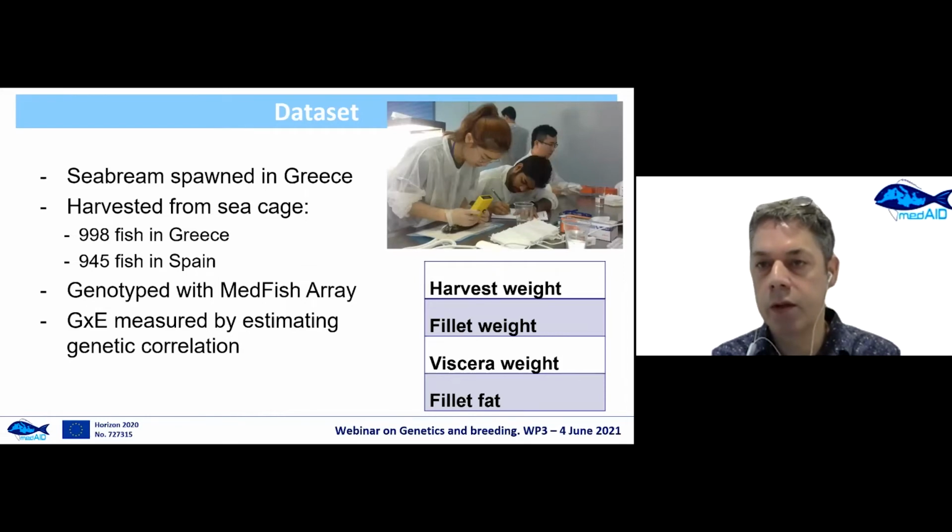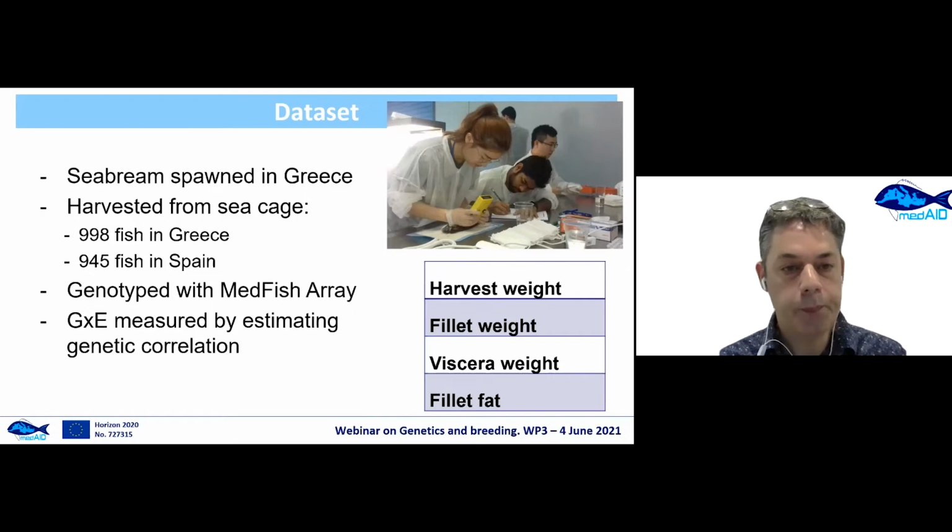You see Yun, Varun, and Xiaofai working on measuring fat percentage with the Distel equipment and taking the fin clip samples to be genotyped with the medfish array. And like we said in the objective, we measured G by E by estimating the genetic correlation between the sites for the breeding values of these traits.